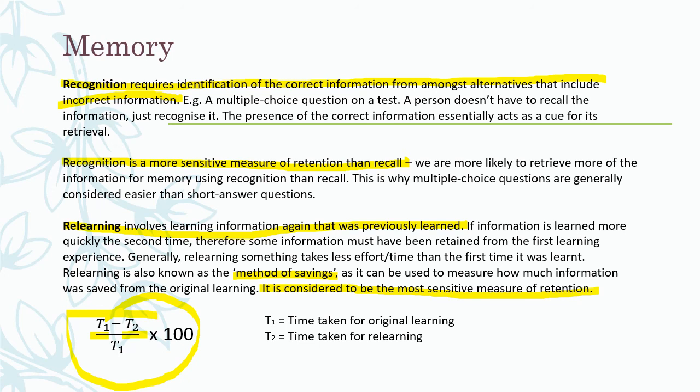And then divided by the time for the original, and then times by 100. In other words, it's going to take you 50% less time than what it did the first time you learnt it. And if you go through it again for a third time, then it'll take even less time. And the more times that you go over it, the less time it's going to take.